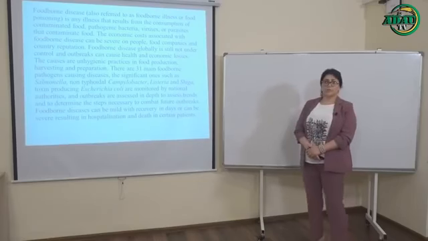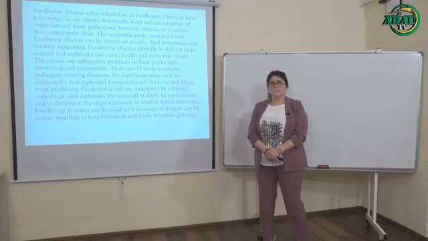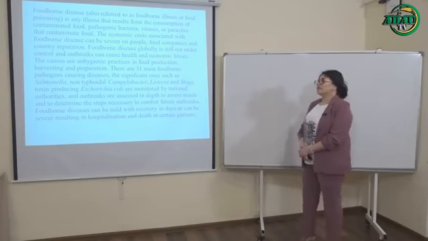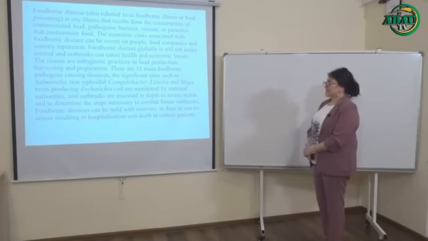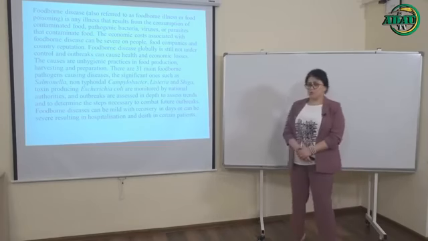So, what are foodborne diseases? In other words, it can be foodborne illness or food poisoning, as the title of our lecture. It is any illness that results from the consumption of contaminated food.